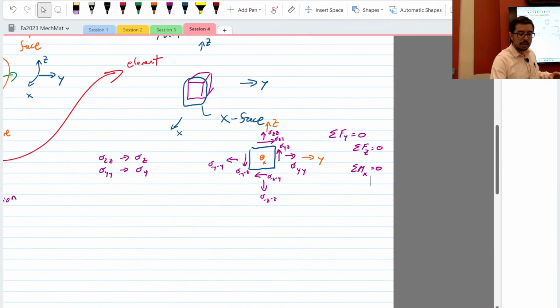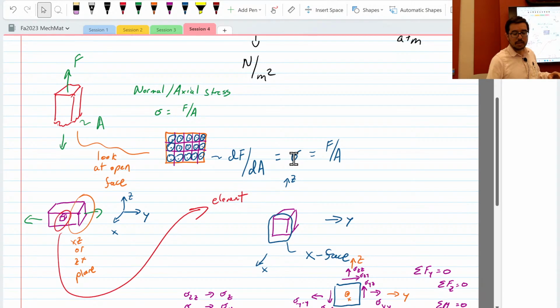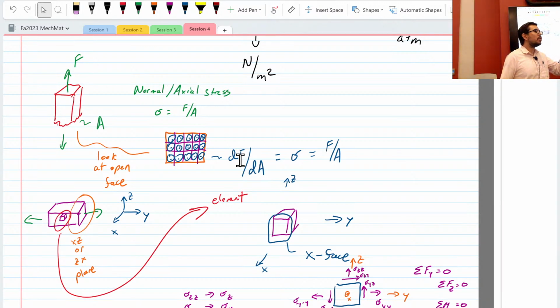The other thing to remember is that if I have a stress and I have an area, I can figure out what the force is. So when you do equilibrium, right now do not add the stresses to each other. But when we do combined loadings, we will add the stresses.